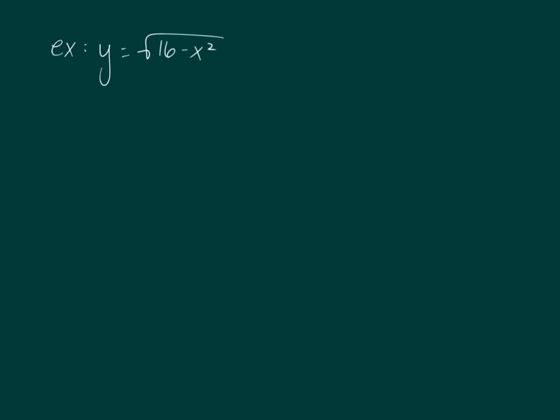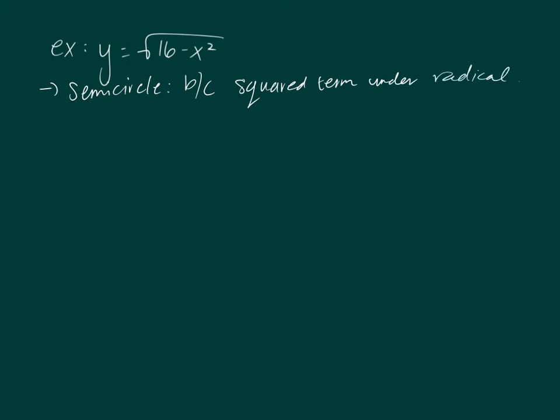Now let's move on to semicircles. Looking at this equation, y equals square root of 16 minus x squared, I know I have a semicircle because we have a square term under the radical. If you notice, it's 16 minus x squared.